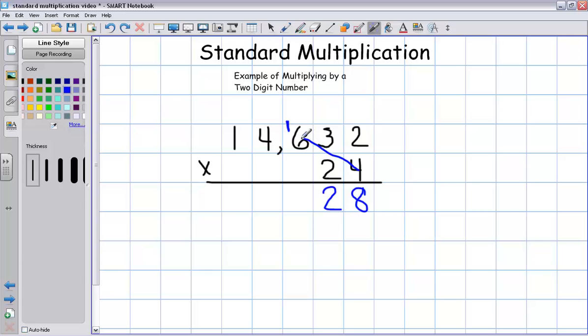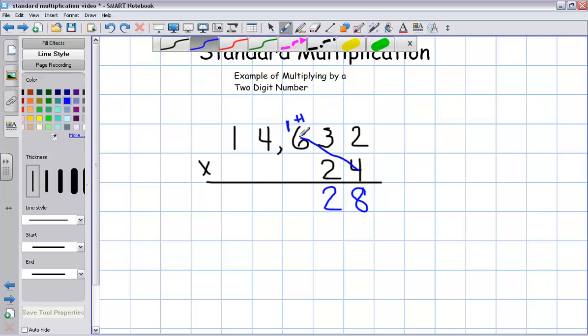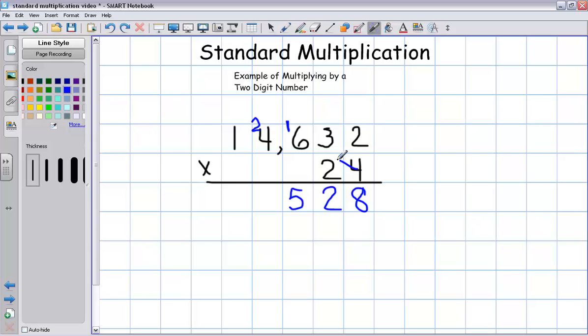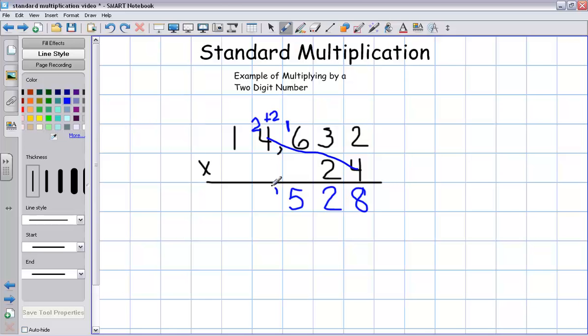Now I'm going to take 4 times 6. I'm going to add in my 1. So that's going to give me 25. To regroup my 2. Now I'm going to take 4 times 4, add in my 2, it gives me a total of 18.